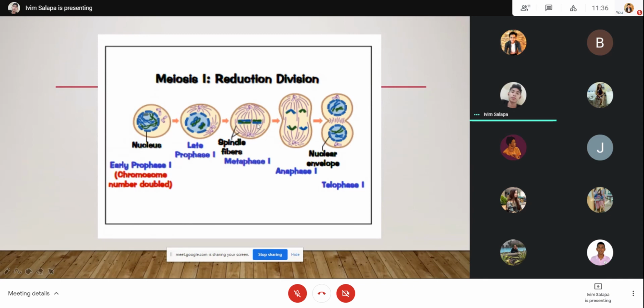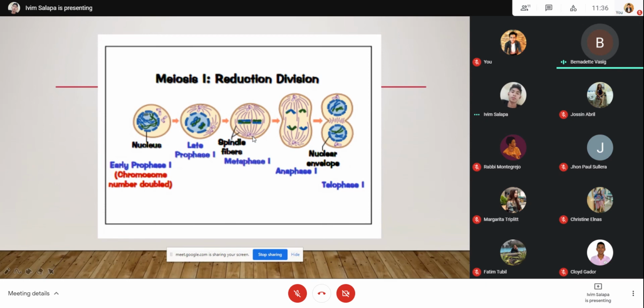Then, during anaphase... no, it's still metaphase. Where is the kinetochore microtubule connected in metaphase of mitosis? At the kinetochore, ma'am. Now, how about in meiosis 1? At their kinetochore, ma'am.